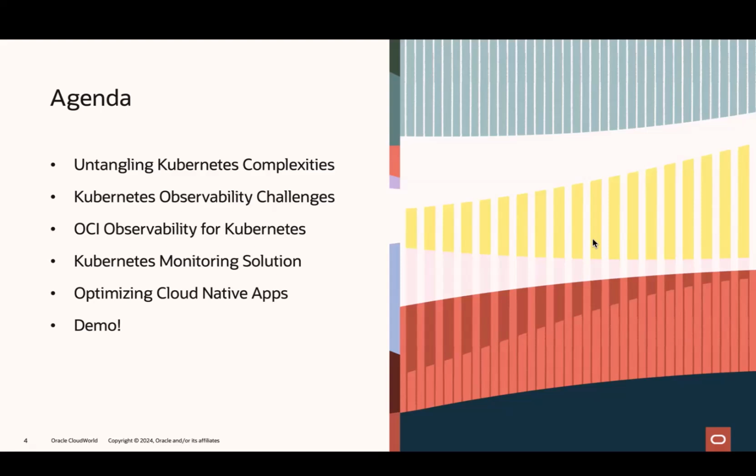And what are the different challenges for different people, the platform operators, cloud admins, developers, what observability challenges they face, and how do we solve those observability challenges for Kubernetes in OCI, specifically using Logging Analytics, the Monitoring service, as well as the Management Agent. Finally, I'll go through the demo of the Kubernetes Monitoring solution, which has been created over the last several years in collaboration with a number of customers.